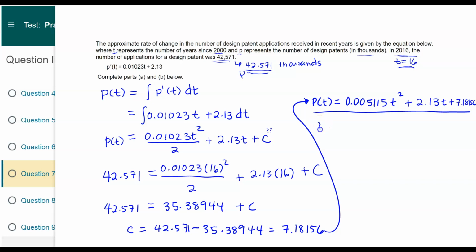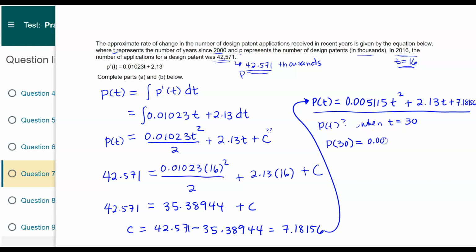We want to know P of t when t is 30. So in 2030, t is equal to 30. Let's just go ahead and plug in 30 for t.